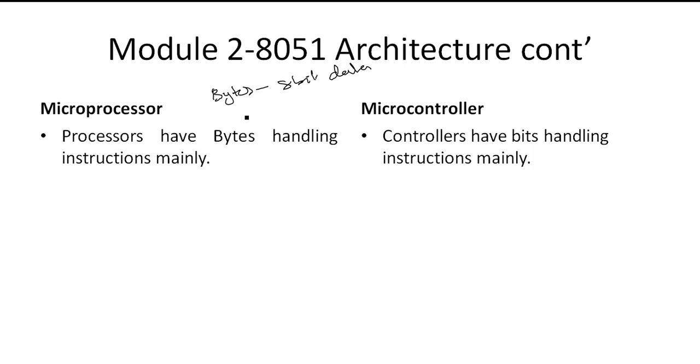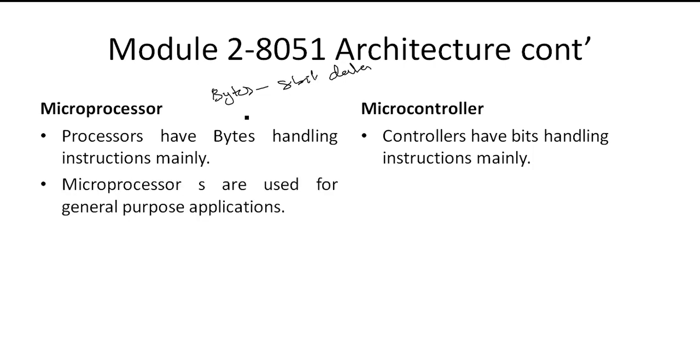Mainly microcontrollers are checking the signals at their IO lines, input output lines, individual lines, where either 0 or 1 is available. 0 means logic low, 0 voltage, and 1 means logic high or 5 volts. Whether it is available at the pin, the microcontroller is always checking. That's why their instructions mainly belong to the group of bit handling instructions.